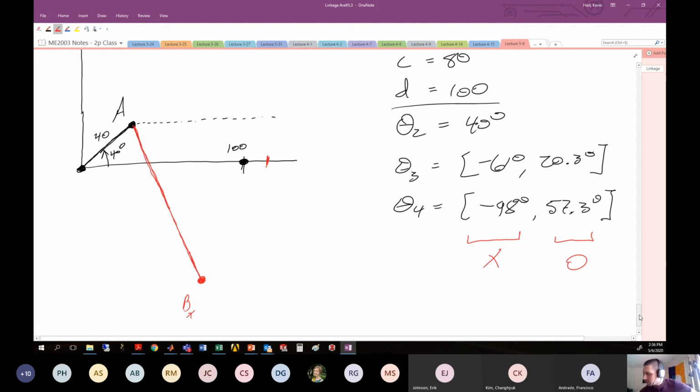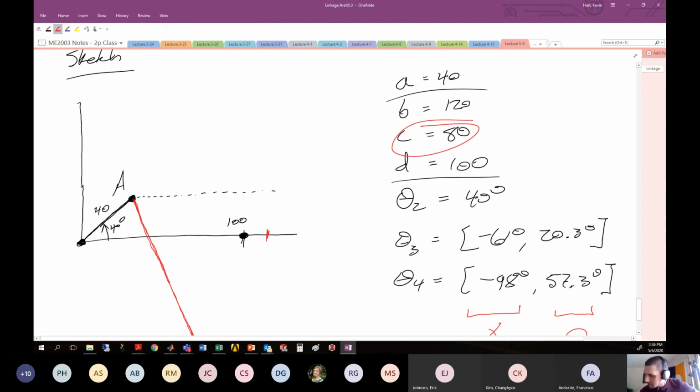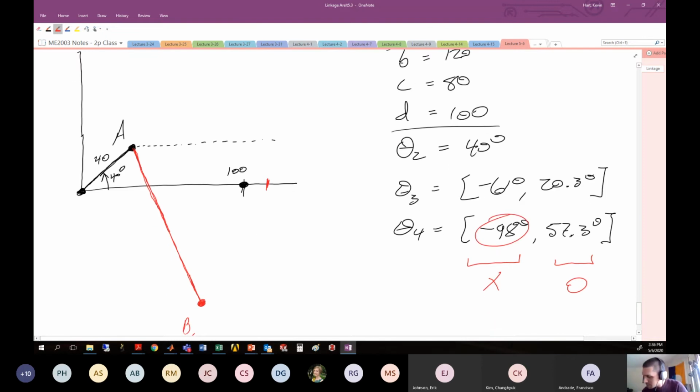Last, I want to look at link C, which is coming off this point over here at the angle of theta 4 for the cross configuration, which is negative 98 degrees. So coming off here at negative 98 degrees, maybe it looks something like this. And here is theta 4, negative 98 degrees.